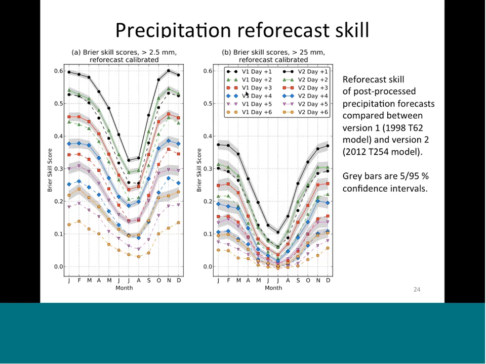You can also see that the skill goes down for the 25 millimeter event relative to 2.5. It's harder to get the details of that heavier precipitation forecast as well as with the lighter precipitation amounts. That's generally because they cover a much smaller area of the globe, so small position errors matter a lot.